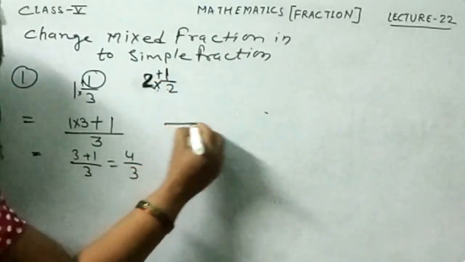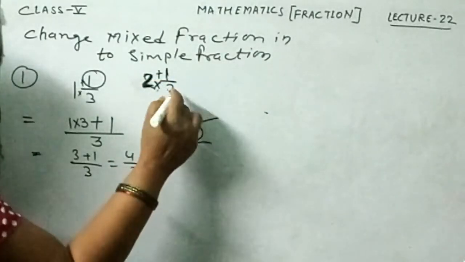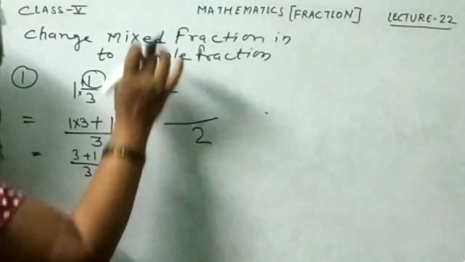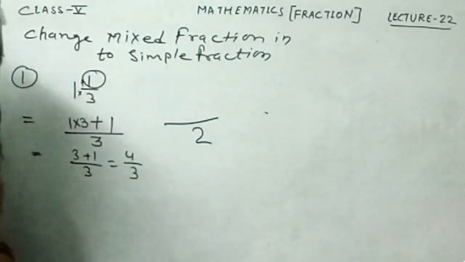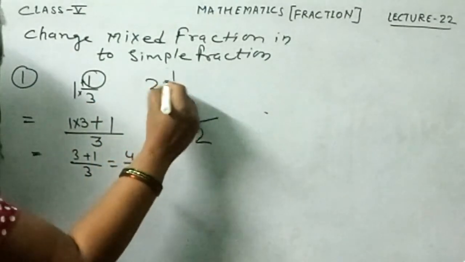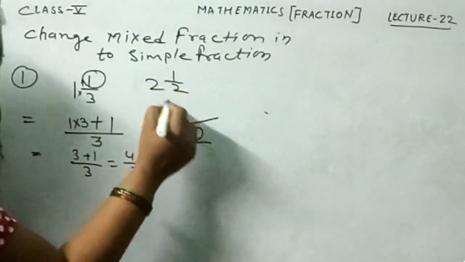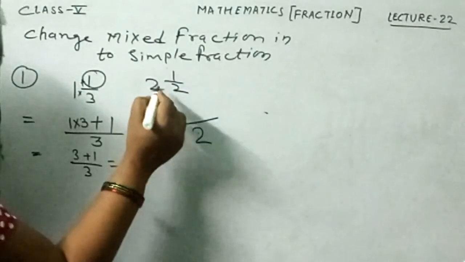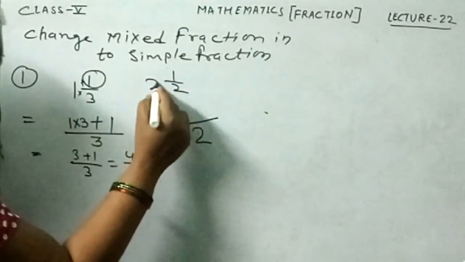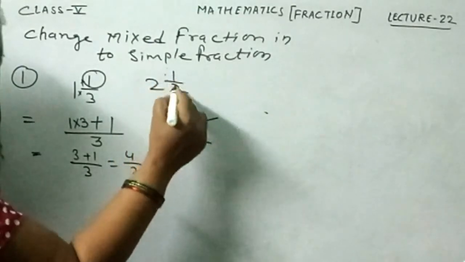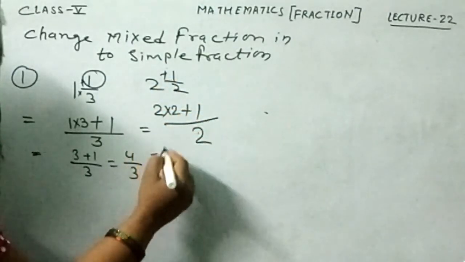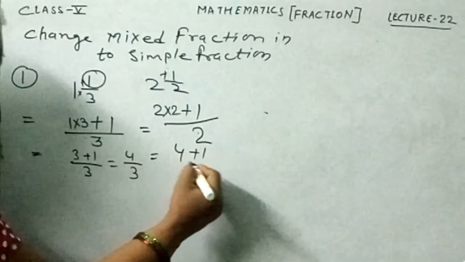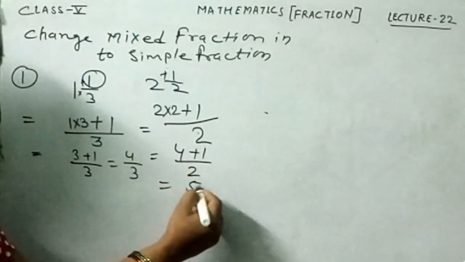What is in the down? You write as it is, 2. Then multiply 2 times 2, and add the upper number 1. 2 2s are 4, plus 1, then 5 by 2.